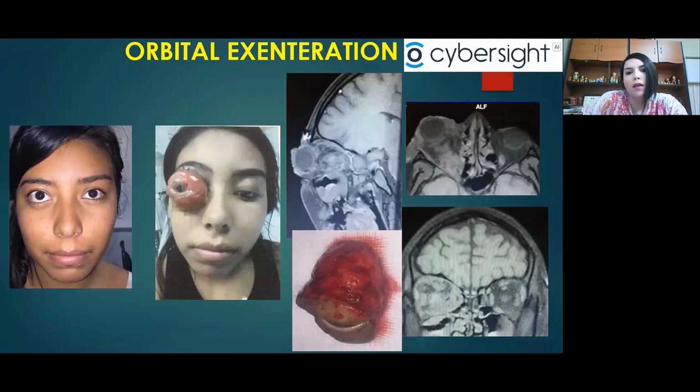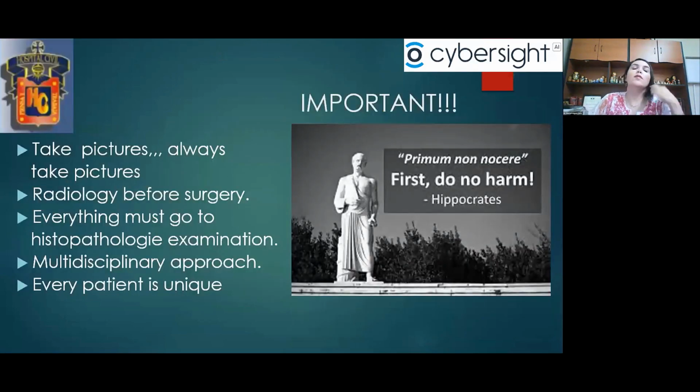So, in the end, it's very important, most of all for beginners, to always take pictures, for two reasons. You are going to have a very good file and very good material for future conferences. You are going to have your gallery of good prognosis and good cases.